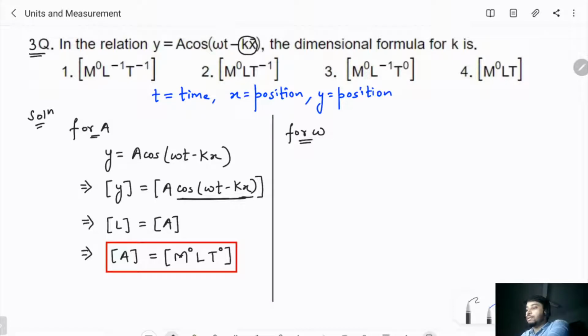Now we know that angles are dimensionless. So omega t as well as kx will be dimensionless. So we can write that omega into t will be dimensionless. A dimensionless quantity can be written as M to the power 0, L to the power 0, T to the power 0.